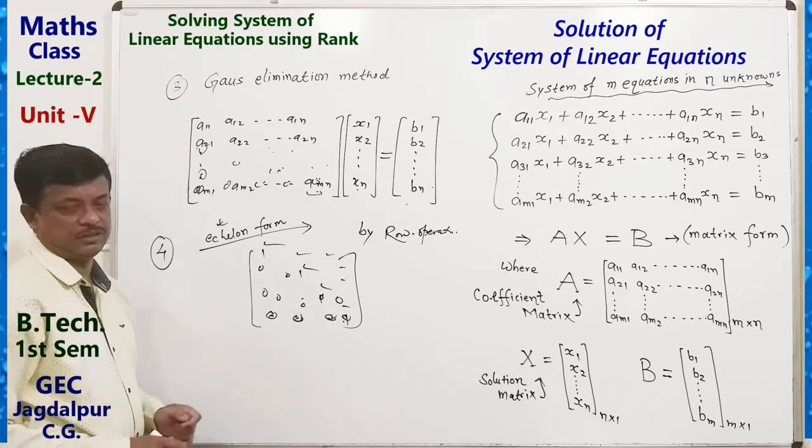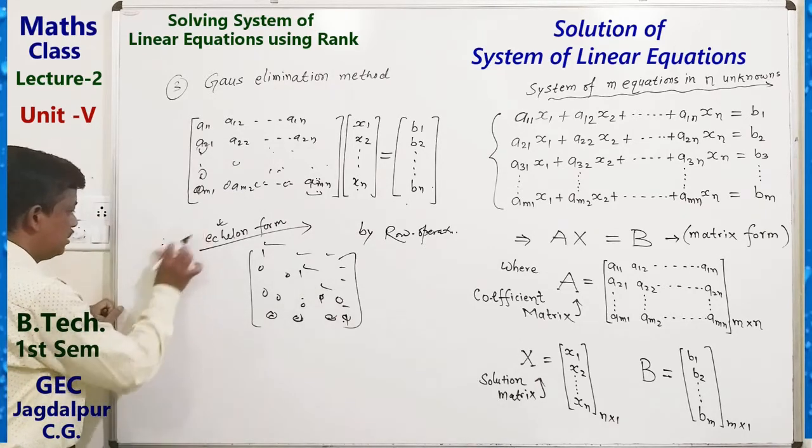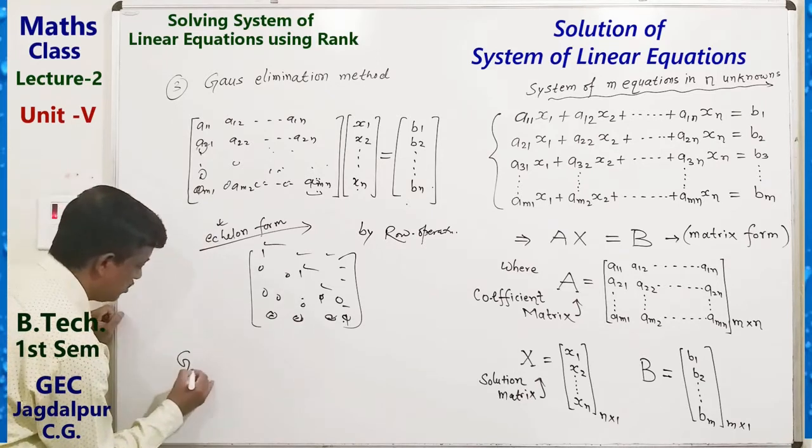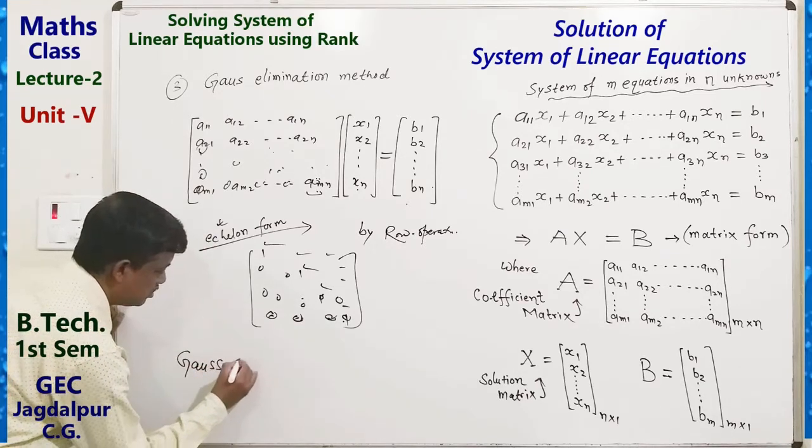And the fourth method is the Gauss-Jordan method.